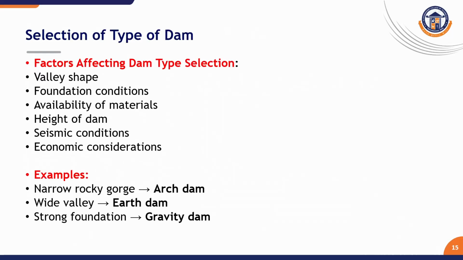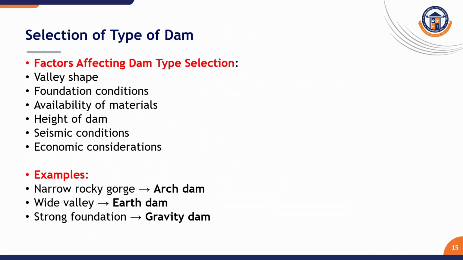The next topic is selection of type of dam. The selection of dam type depends on valley shape, foundation conditions, availability of materials, height of dam, seismic conditions, and economic considerations.